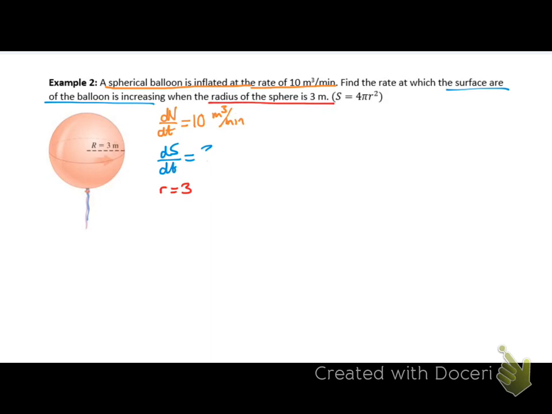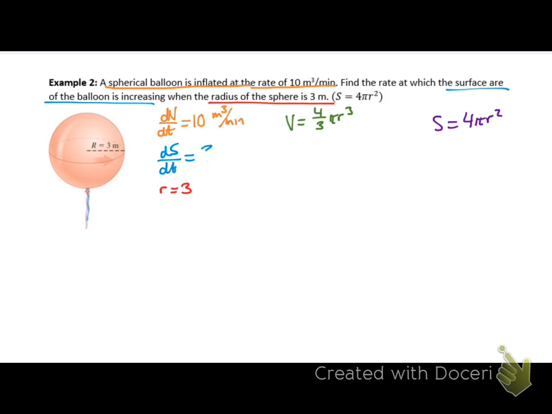So let's go ahead and do that. The volume of a sphere is 4/3 pi r cubed. That's the formula. And the surface area of a sphere is 4 pi r squared. Okay, so I wrote down the formulas.